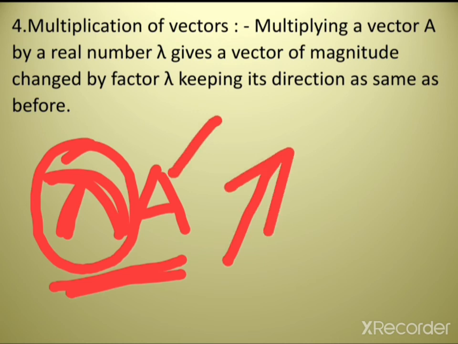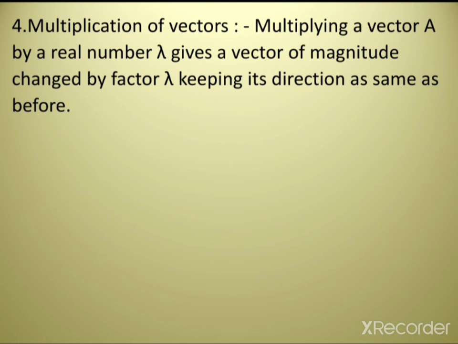If the initial direction of a was in this direction, then after multiplication by lambda, the magnitude of the vector will be changed by the factor lambda, but its direction will be the same.